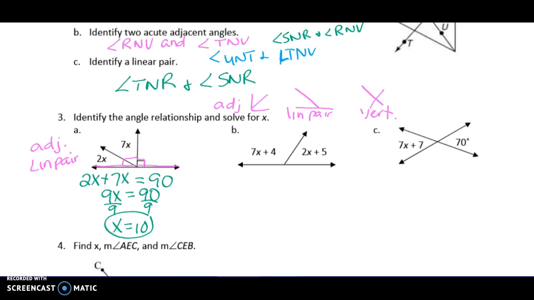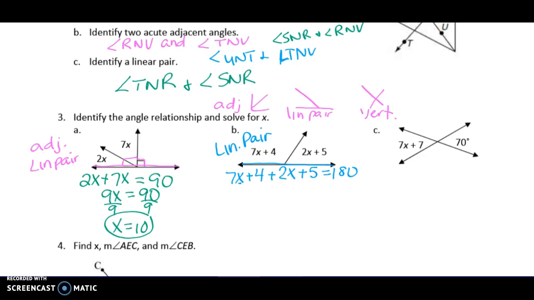On my next example, what do I have? Still a linear pair. So I know that the two halves of a linear pair are going to add up to 180 degrees.